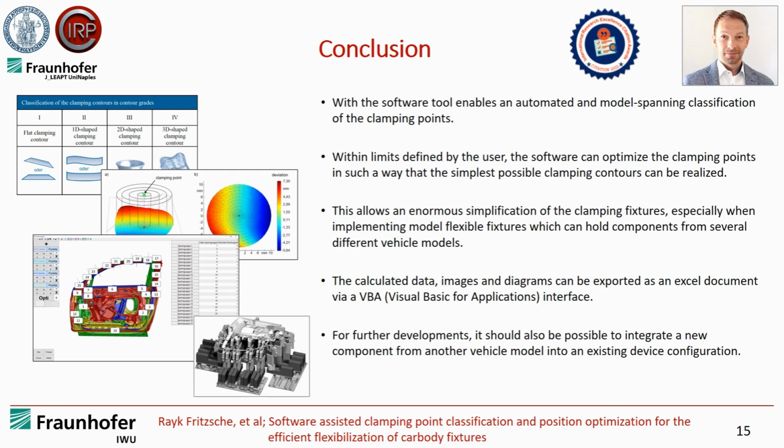This allows an enormous simplification of the clamping fixture, especially when implementing model-flexible fixtures which can hold components from several different vehicle models. The calculated data, images and diagrams can be exported as an Excel document via a VBA interface.